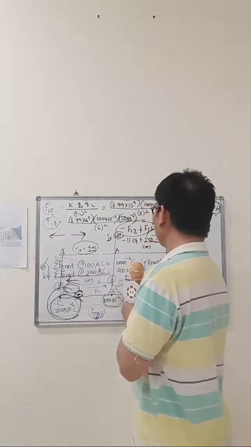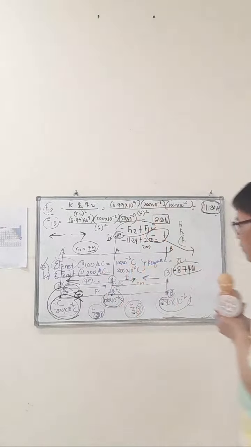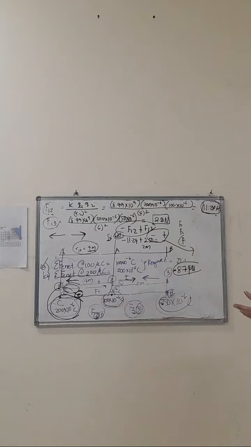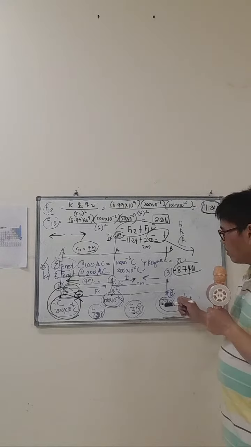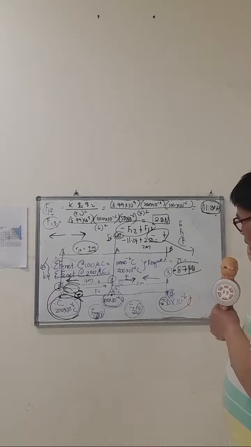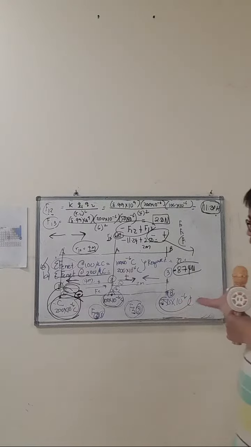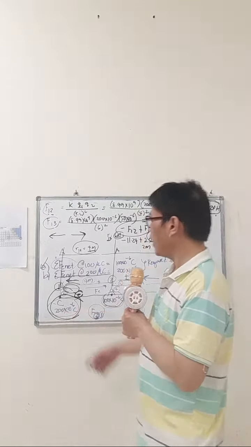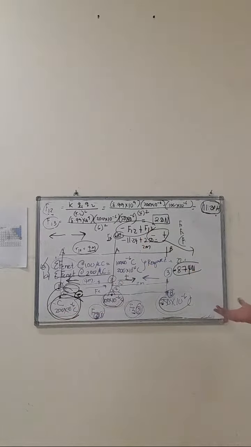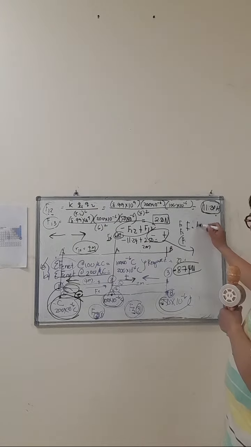So F13. You got the point? Since the value on the negative side is higher and F13 is only 2.50, the 200 dominates. If the charge is 200, then the force is equal to K Q1 Q2 over R squared.